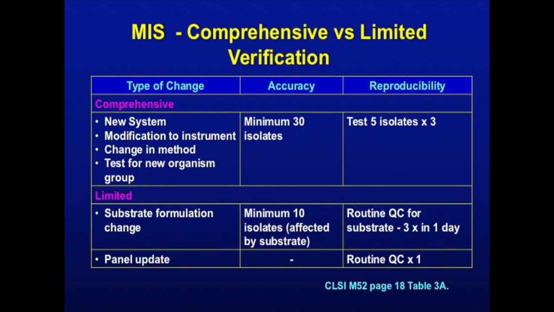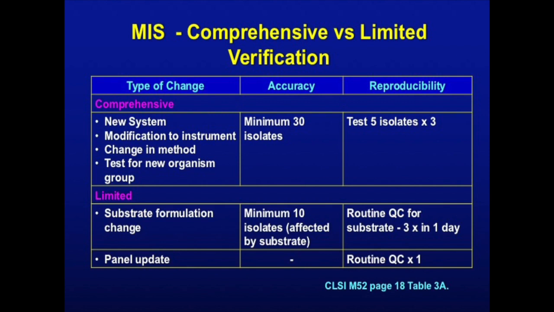A limited verification would be performed if your panel has had a substrate formulation change. You would need to do a minimum of 10 isolates that would be affected by that substrate. And for reproducibility, you could do routine QC for a QC isolate affected by that substrate change 3 times in 1 day.